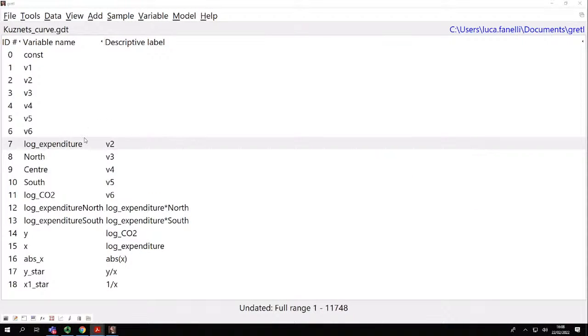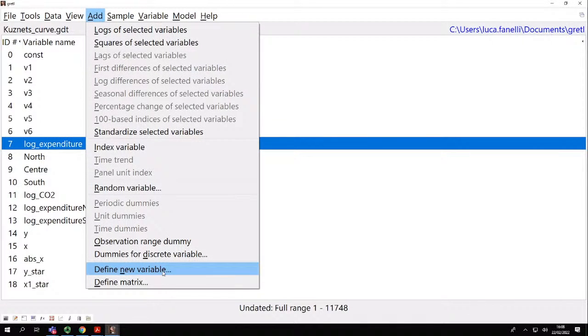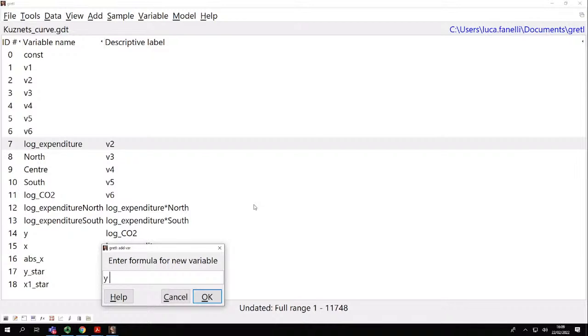So I go on the data, and I define the following. Now I add a new variable, my y. My dependent variable will be the ratio between the log of CO2 emission, which was this one, over the log of expenditure. Let me call it y star, so you can understand very well what I'm doing. This is y star, the new dependent variable after my transformation. After my hypothesis on heteroscedasticity, I transform my model in this way.